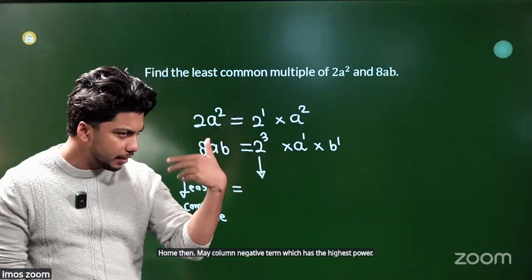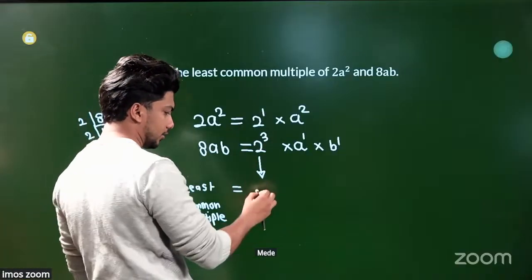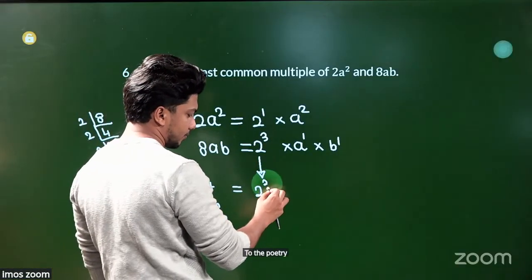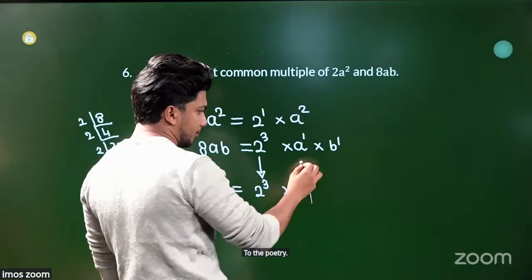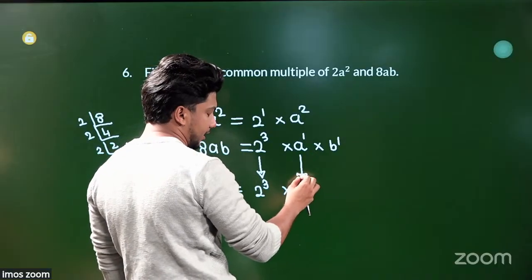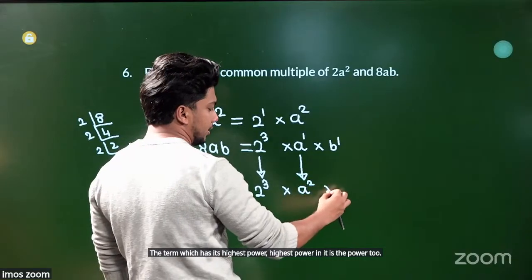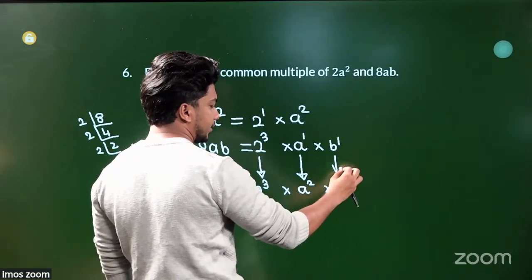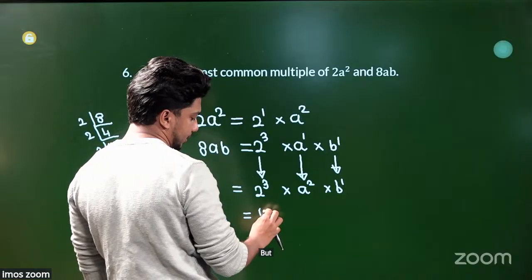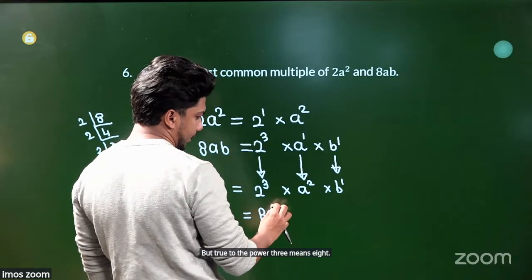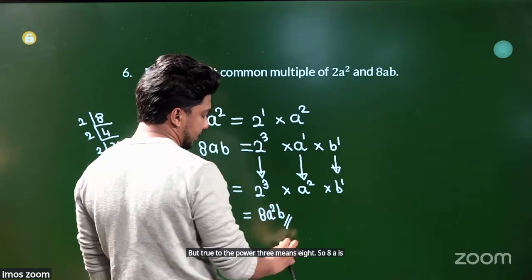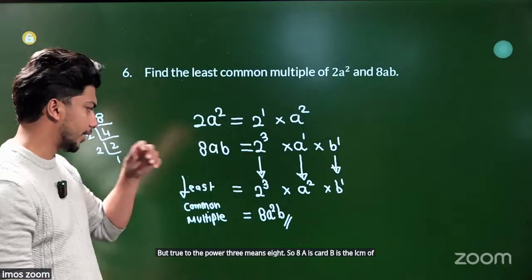Which of these two? 2 to the power 3. In the a column, the term which has its highest power is a to the power 2. In the b column, the highest power, b only. Right. 2 to the power 3 means 8. So 8a squared b is the LCM of 2a squared and 8ab.